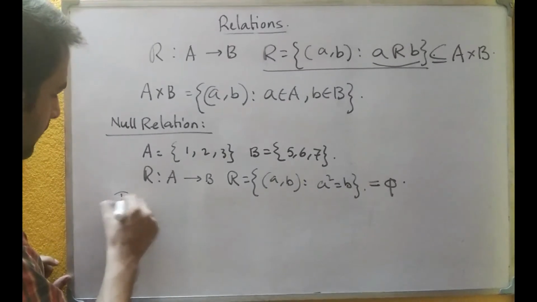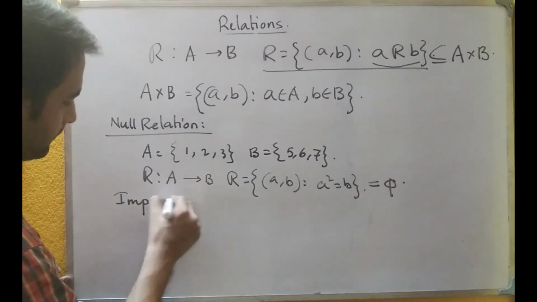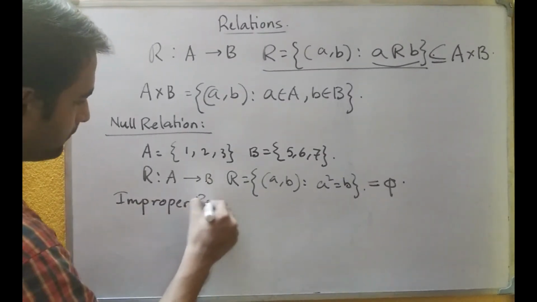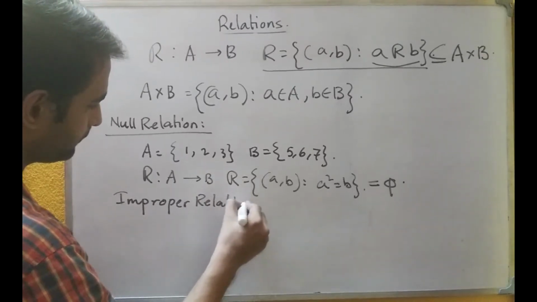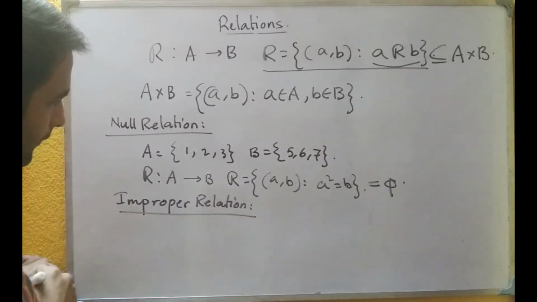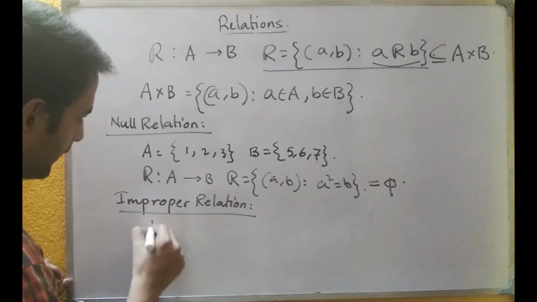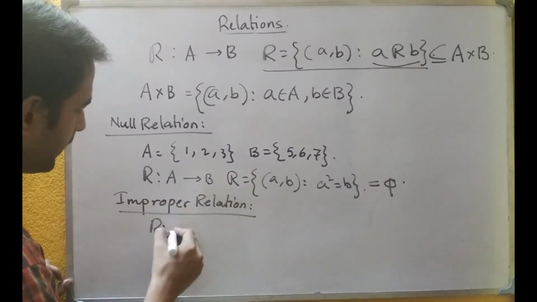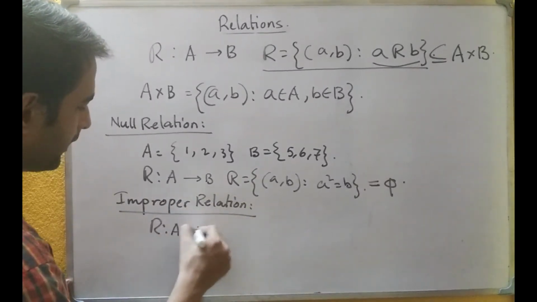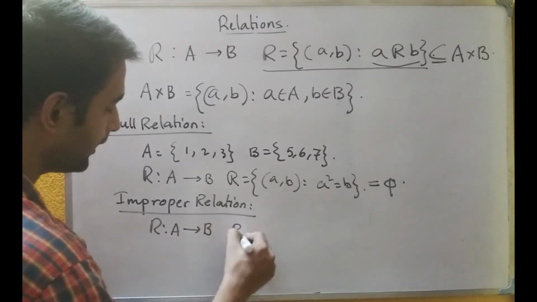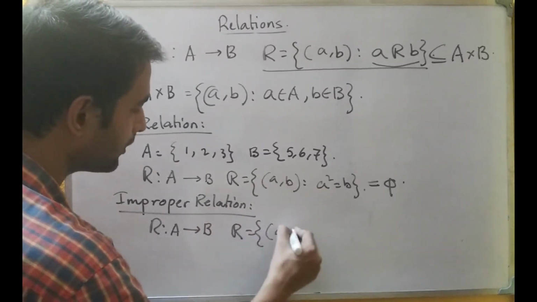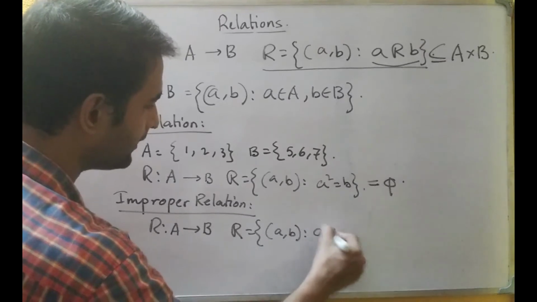Let us define an improper relation here. Suppose the sets are same, we are defining the relation R from A to B, and R equals (a, b) such that a is less than b.